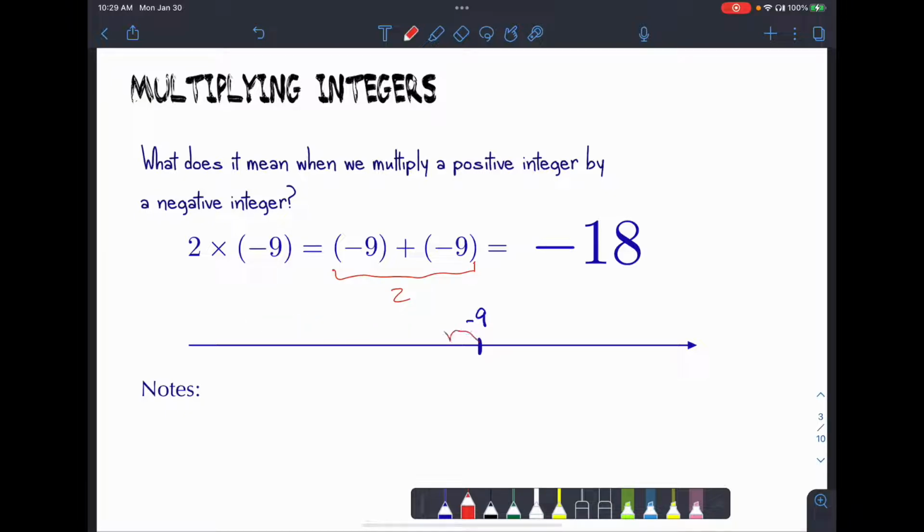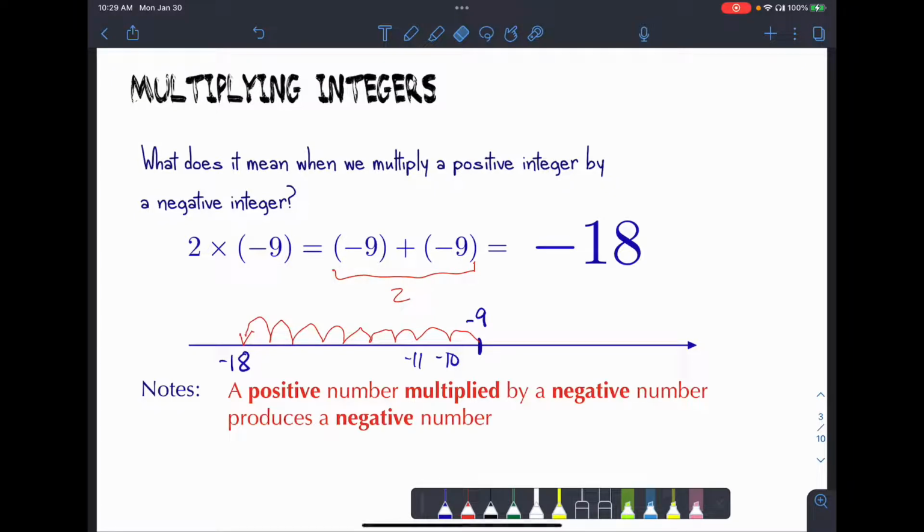So we would go 1, 2, 3, 4, 5, 6, 7, 8, 9. If you count how many hops that is, each time we hop, we do one step to the left. So this would be at minus 10, minus 11, and so on. And we get all the way to minus 18. And there we go.